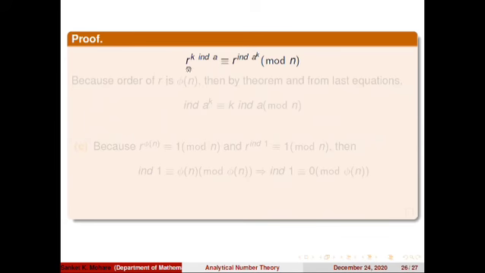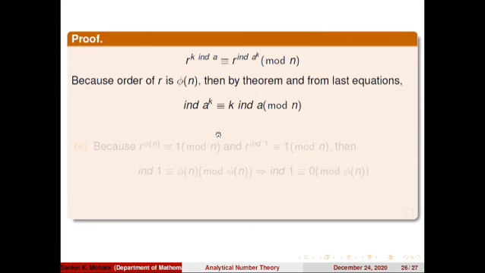Under modulo the order of r, and the order of r is phi of n. So, because the order of r is phi of n, by the theorem and from the last equation, index of a to the power k is congruent to k times index of a modulo phi of n. Now we'll prove the last statement.